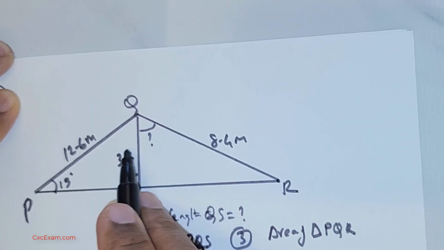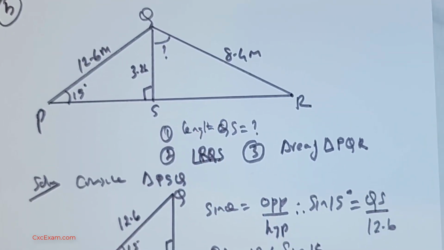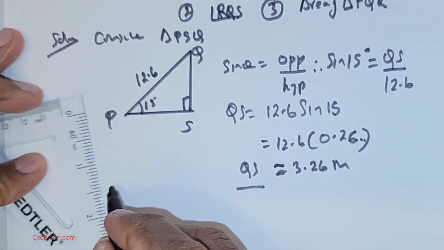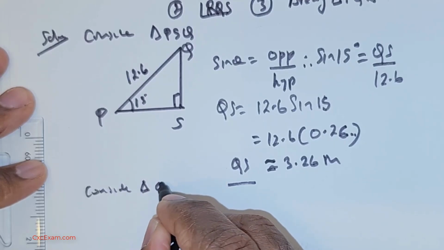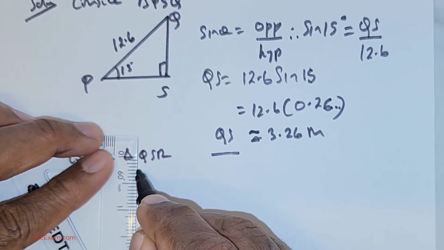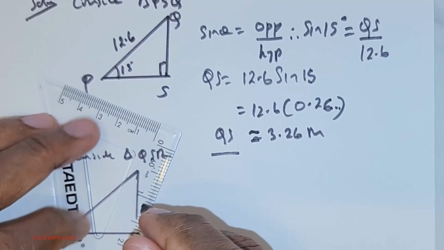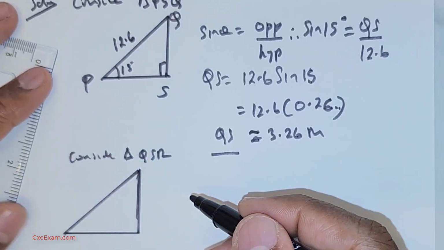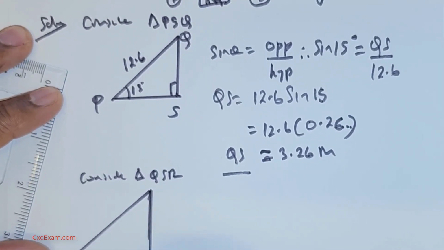So now we need to get this measure. Now you draw this triangle. Okay, so now I'm going to consider triangle QSR. So this distance is going to be Q, this is going to be S, so you have a 90 degree there and you have an R there.